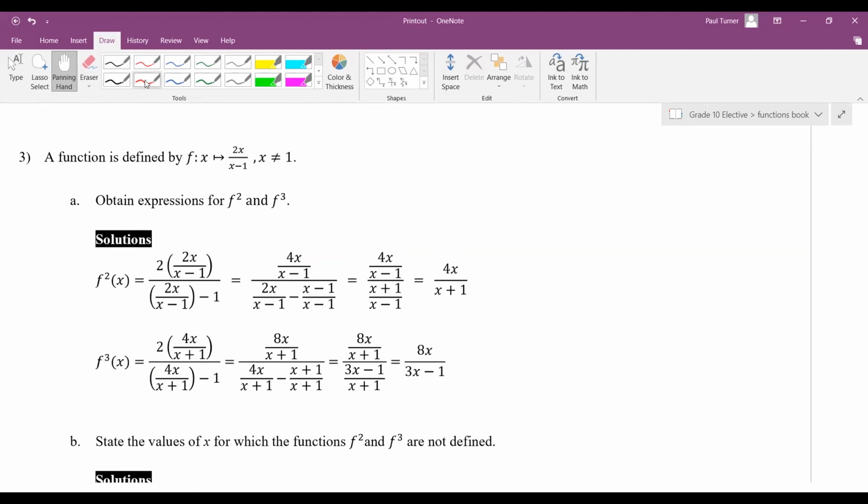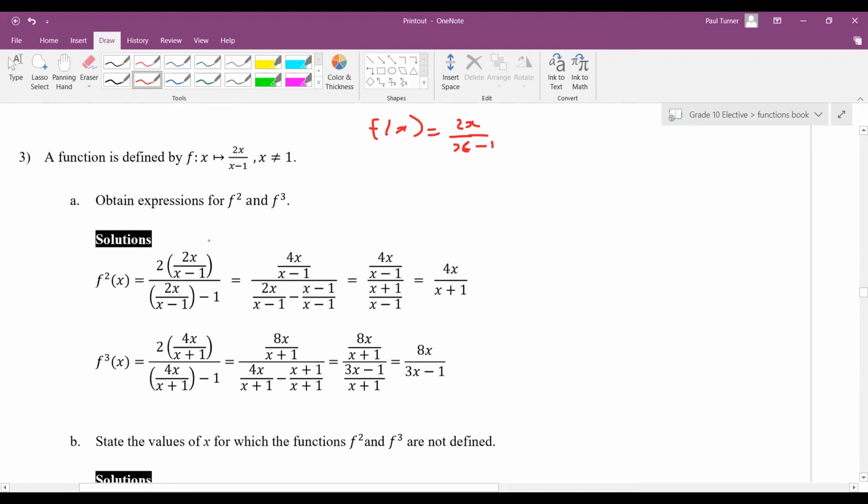Now for this one, I'll do this again, partially. I might not write all of this because it takes a while. So take a look at your function, which is 2x on x minus 1. Now this is telling you to put f inside f.